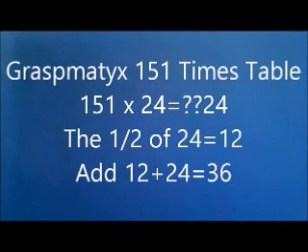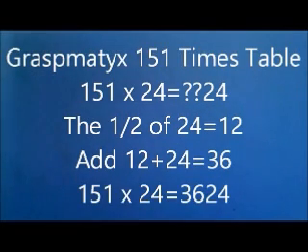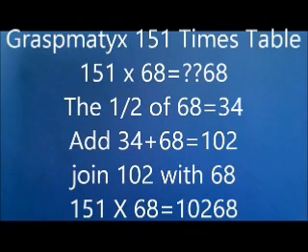We get 36. And so we get 3624. Now 151 times 68. The answer ends in 68. The half of 68 will be 34. When I add the 34 to the 68, I get 102. I now include that with my answer, 10268. Do you see the pattern here?